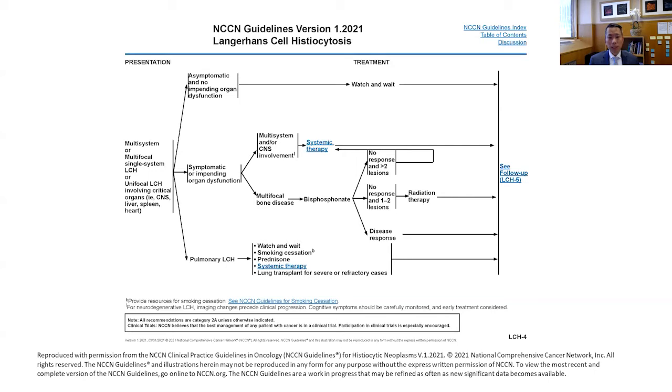The majority of the patients will have improvement with their symptoms or even radiographic improvements after smoking cessation. It is only after smoking cessation, and if there's no improvement in the pulmonary findings, that is when we recommend systemic therapy. There are rare patients with severe pulmonary dysfunction and they may require lung transplantation.